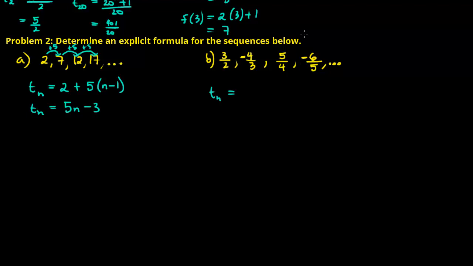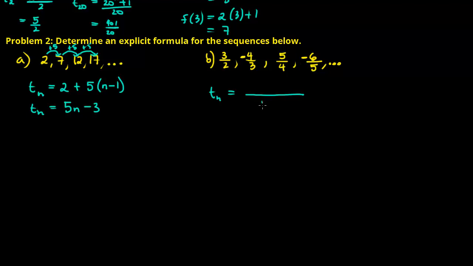Okay, so let's think about this. Let's try to just represent the denominator first. Okay, and this is kind of what you have to do with sequences and series. You kind of just try to piece something together based on the pattern that you see. So in the denominator, the denominator increases by 1 each time, but it's 1 greater than the term number.